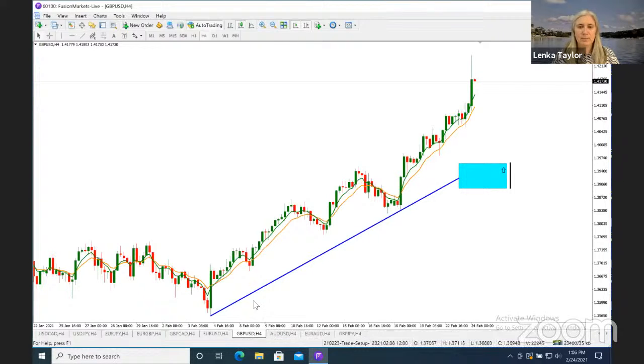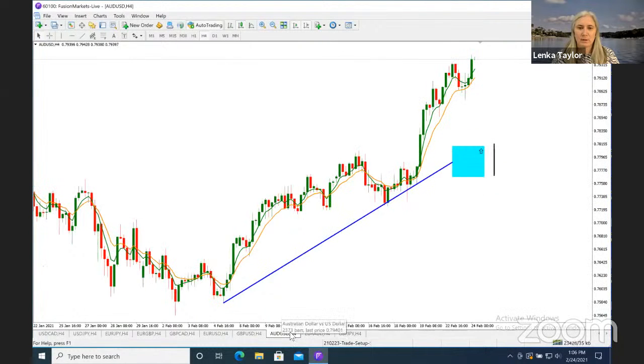This GBP USD on the 4 hourly. So that one's already gone quite far. So not looking at that one at the moment. Might wait for the pullback. And AUD USD on H4.